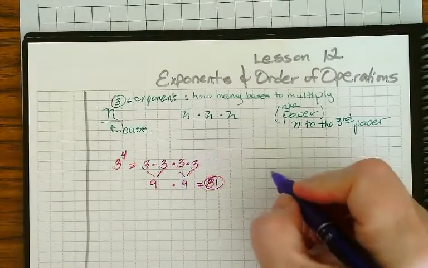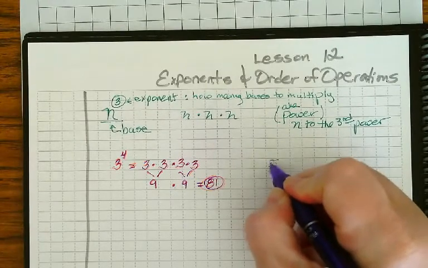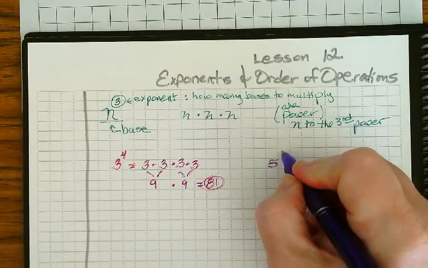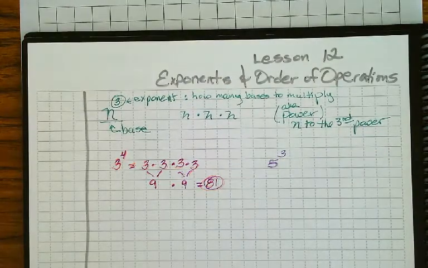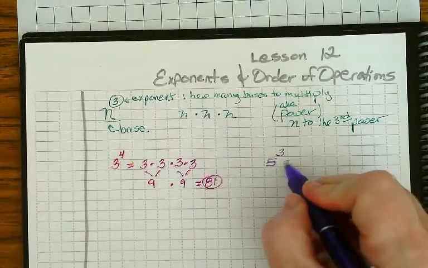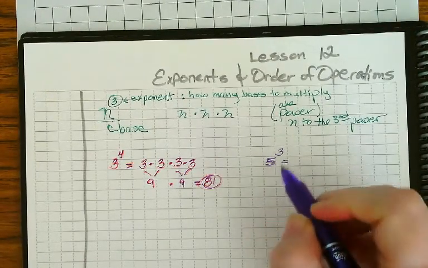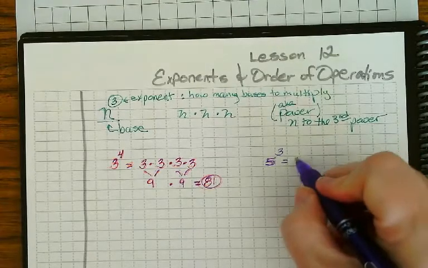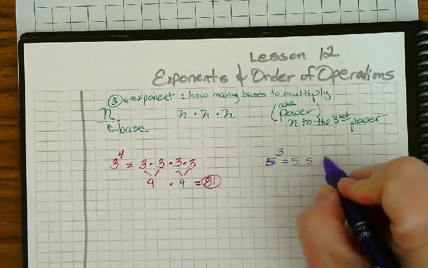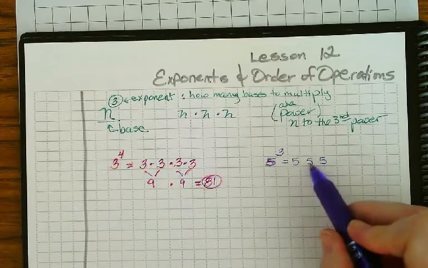How about 5 to the third power? I want you to always sing to yourself when you're doing these. You know it's all about the base, so count them. 3 of them, 1, 2, 3.